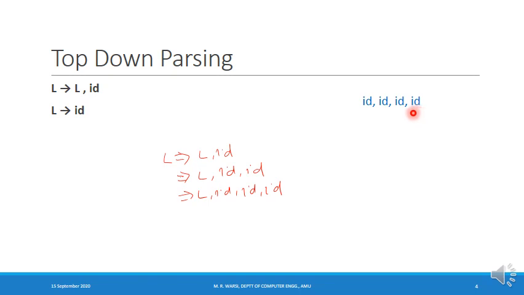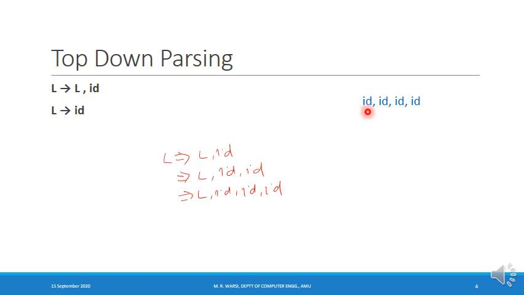Question now is, how does the parser know that it has to keep applying the first production in order to expand the capital L? Since during the course of the derivation we are obtaining the string from the back, we are not obtaining the string from the front end.